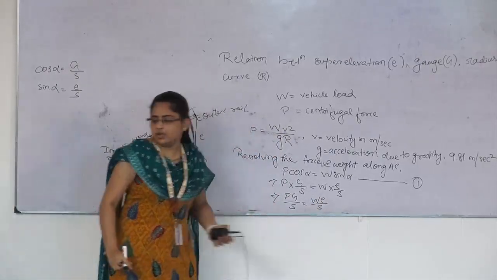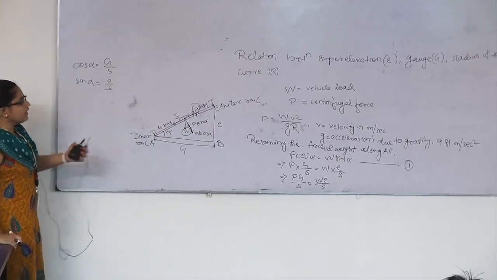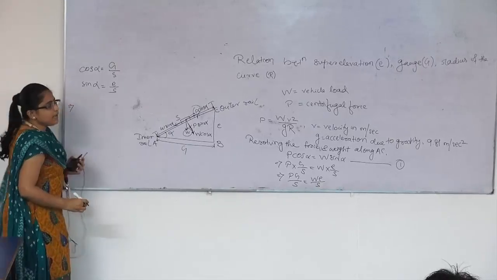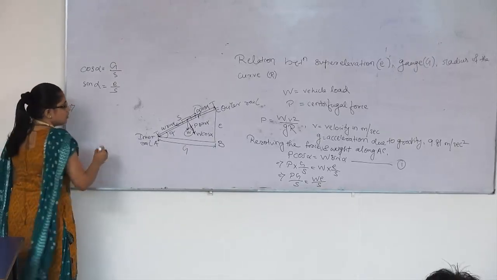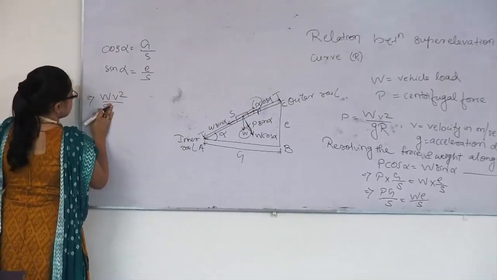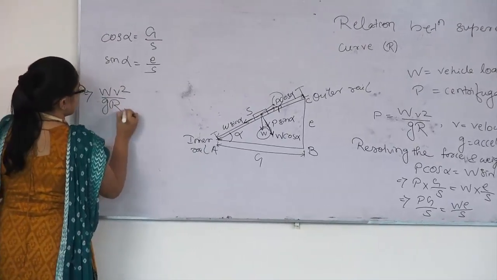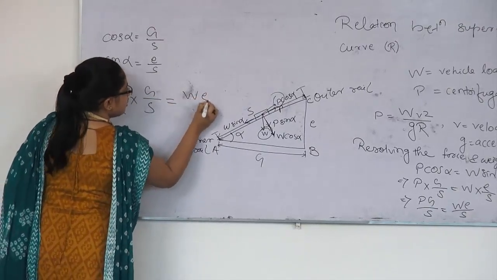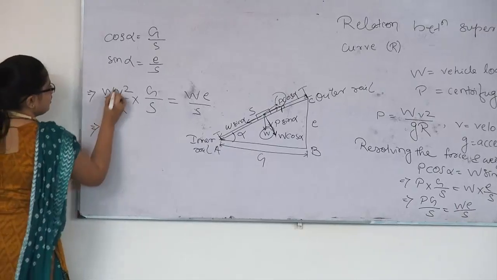Okay, this is the equation. Now, P, you know what is P? Into G by S equals W, E by S.